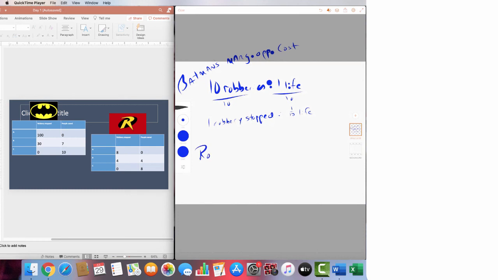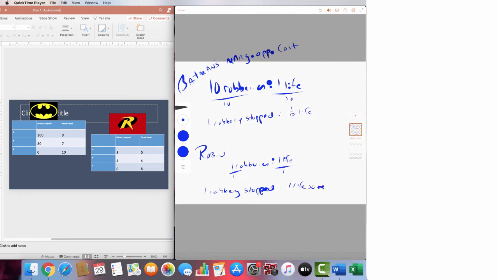For Robin, though, remember his ratio is one robbery to one life saved. If we flip this around, divide each side through by 1, we still have a 1-to-1 ratio. So for Robin, one robbery stopped costs one life saved.